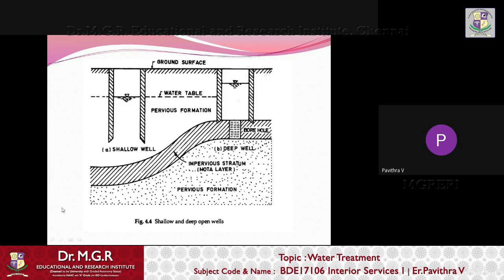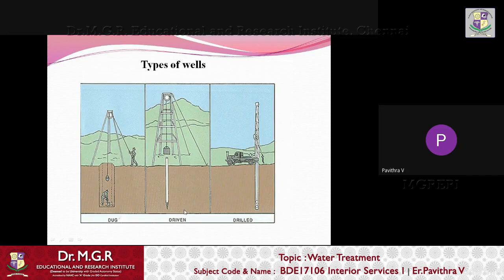So next I will move to the next slide. These are simple pictorial representations which help you know the difference between the dug well, where a man is digging the soil and one more man, by means of a tripod, is getting the sand upside, and this is the dug well.